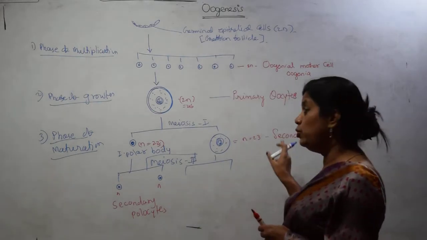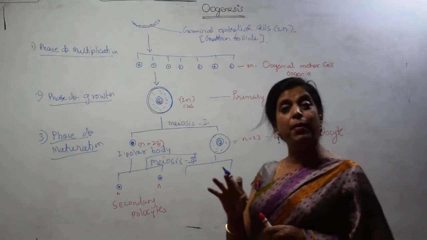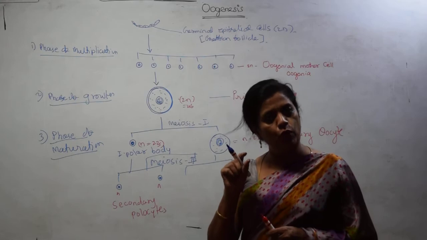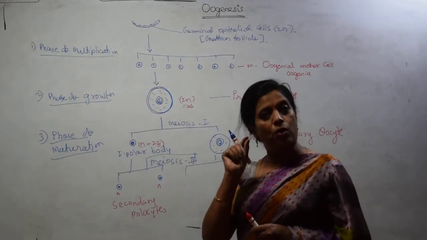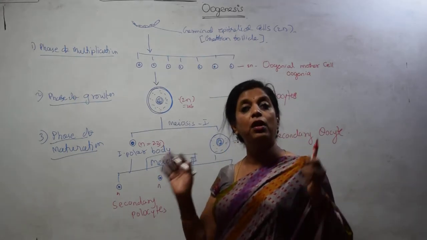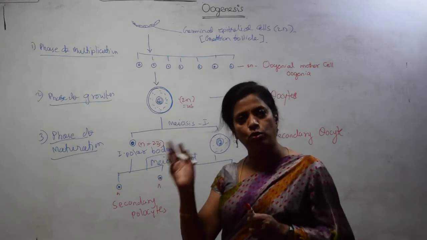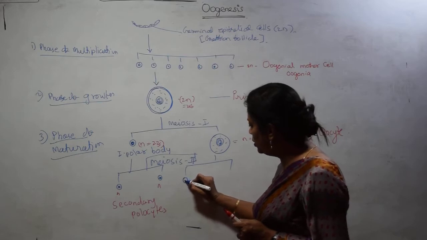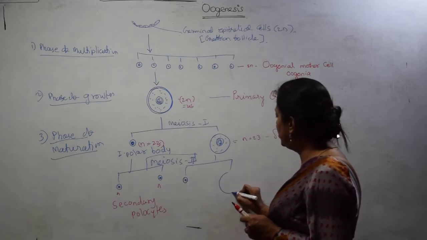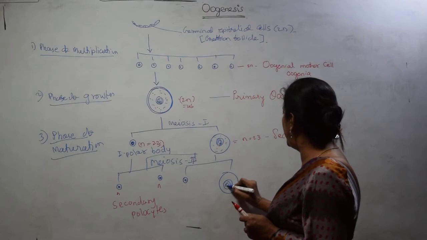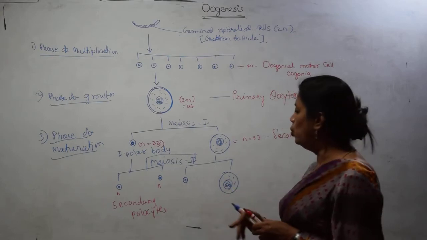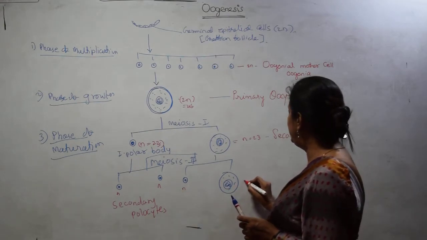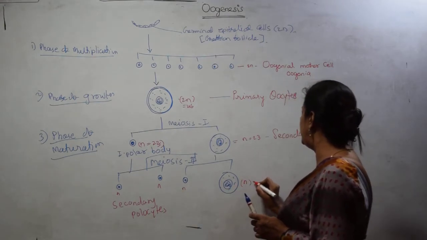This is the secondary oocyte producing two more haploid cells. Again, the division is unequal. One of them will become a polocyte, very small, minute, non-functional. One is a functional oocyte, because that's going to become the future egg. Therefore, another polocyte is formed over here, but one is functional. This is the oocyte. This is another polocyte. All these are polocytes. This is haploid, which is nothing but the oocyte.